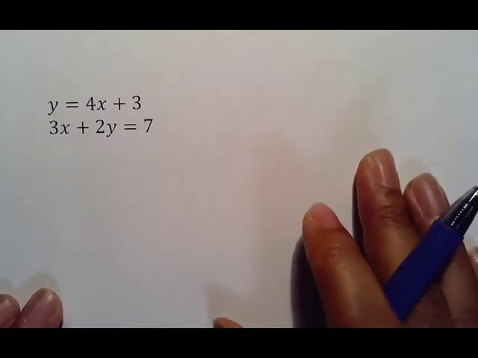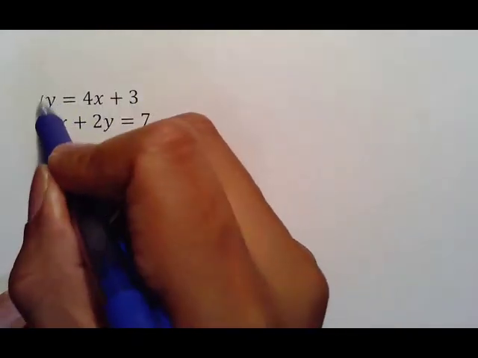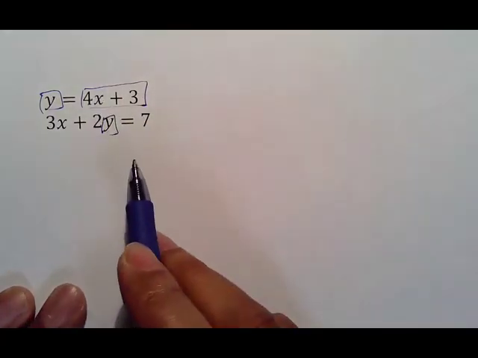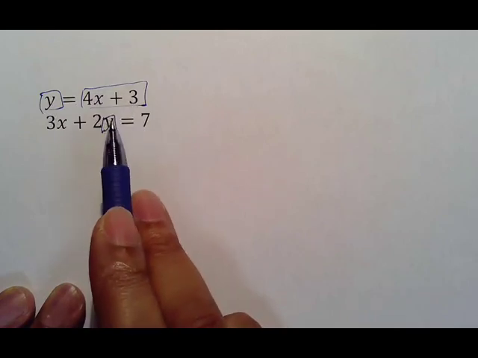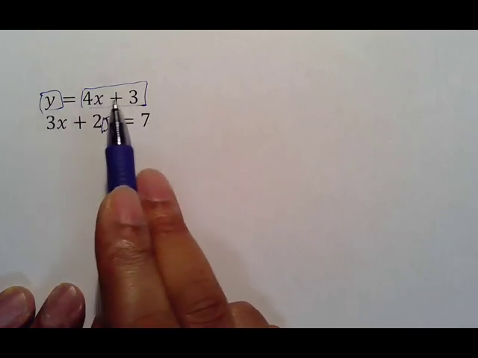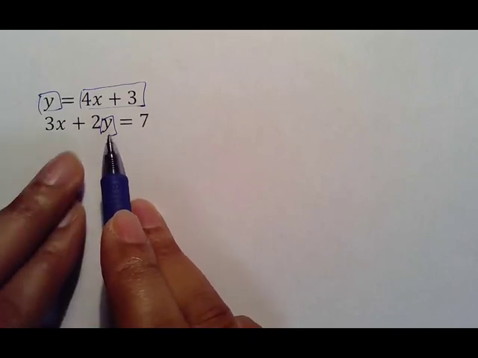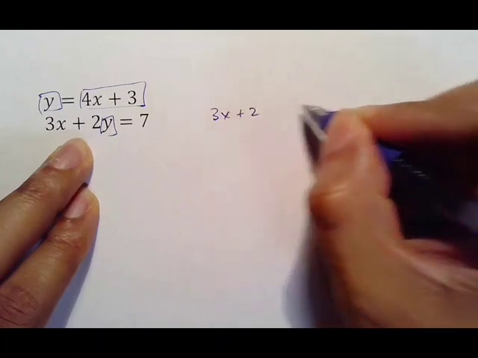Now, there are some on your homework that are going to have more than just a regular y, but they're not too tricky as long as you remember a little bit about distributive property. Again, y is by itself. Y is equal to 4x plus 3, and you have this y down here. You're not plugging it in for 2y, you're only putting it in for y, so y is the only thing that goes into the box. When you write everything that's there, you have your 3x plus 2.